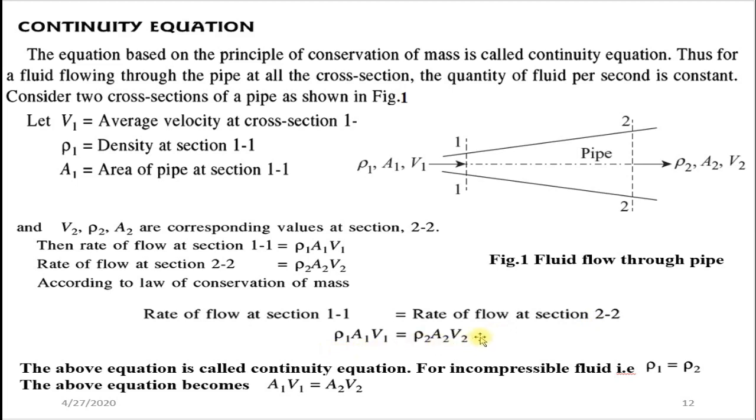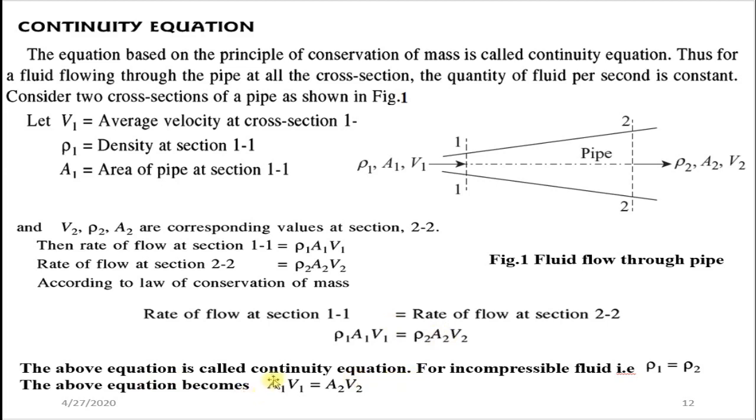For a fluid, we will consider density is not changing, that is incompressible fluid. ρ1 is equal to ρ2, ρ gets cancelled, then finally we will get A1 V1 equal to A2 V2. The above equation is called continuity equation.